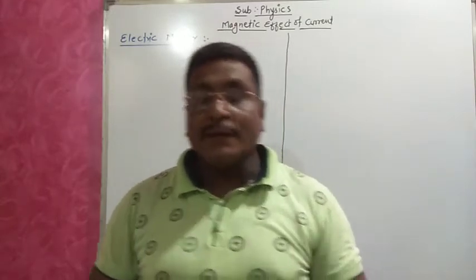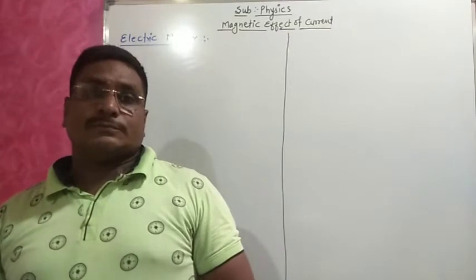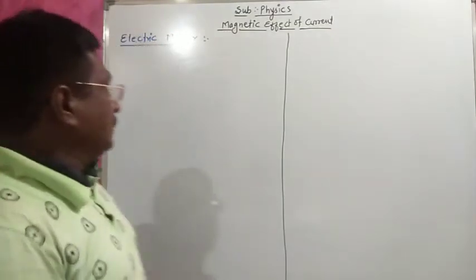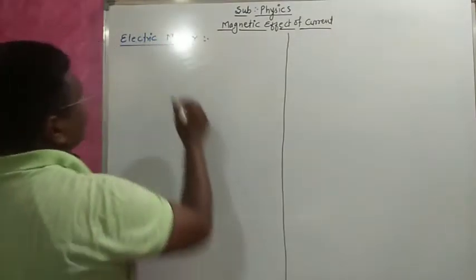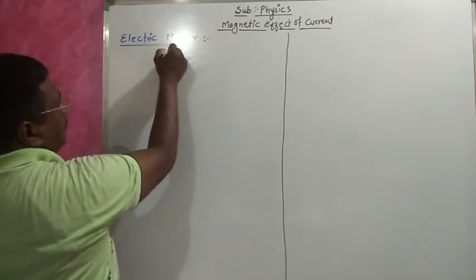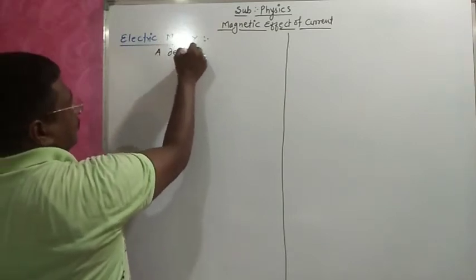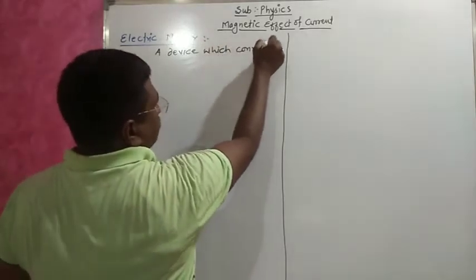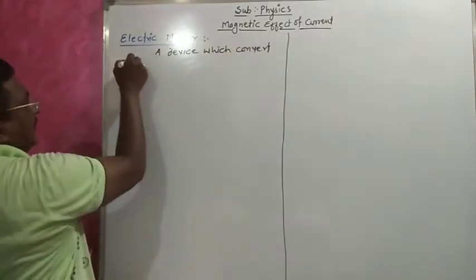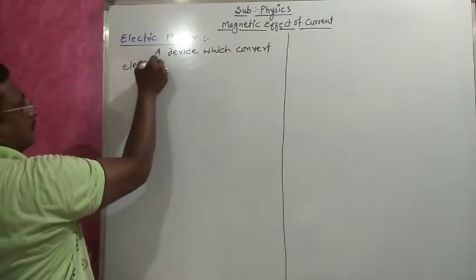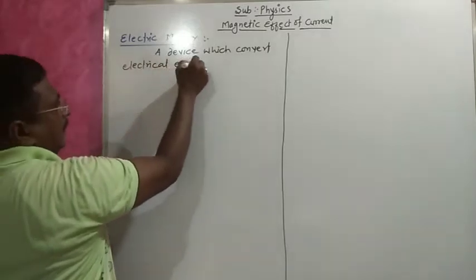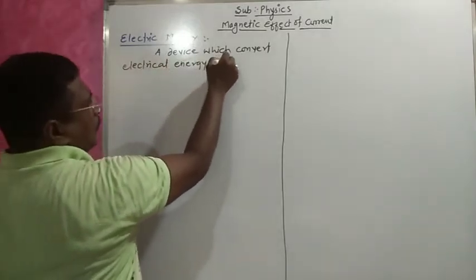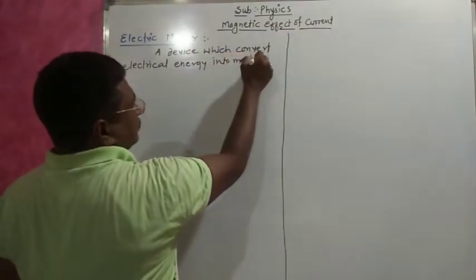So what is the meaning of electric motor? An electric motor means a device which converts electrical energy into mechanical energy.